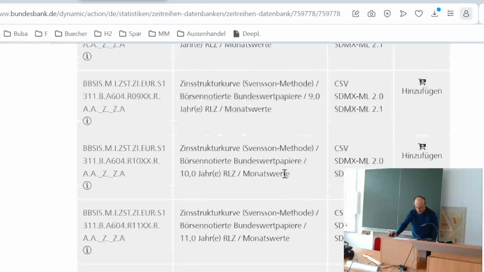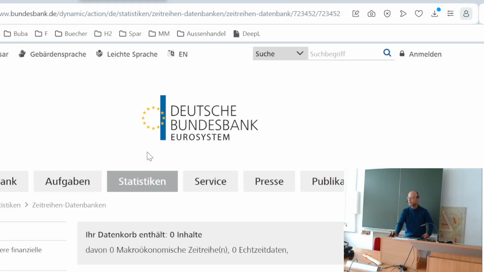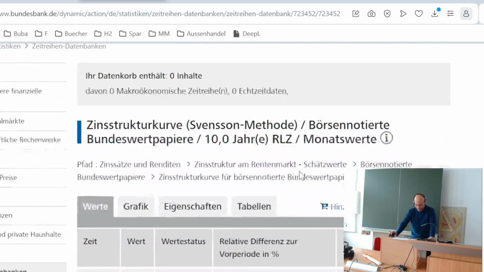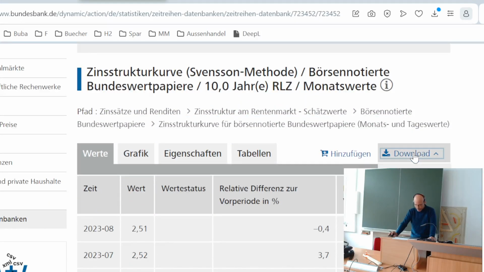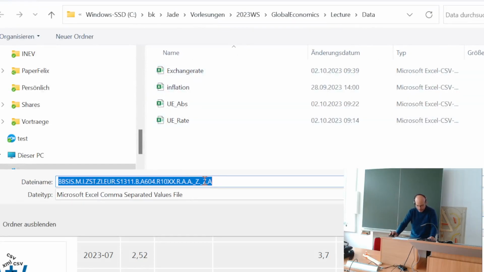You also find this if you look on the internet for the yield curve of your country. Let's download it. So this is 10-year government bonds.